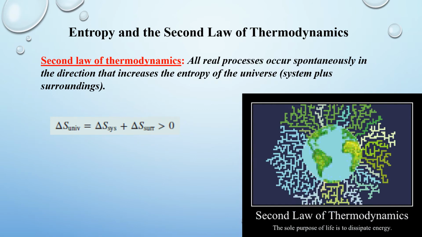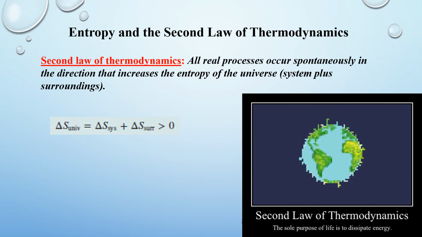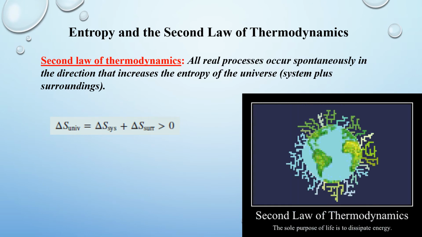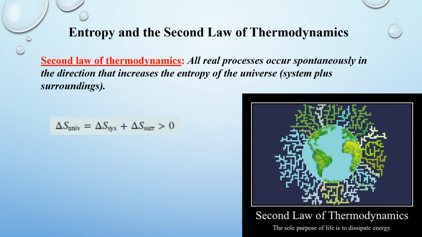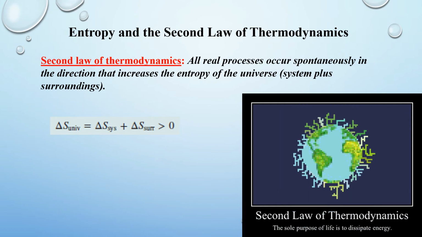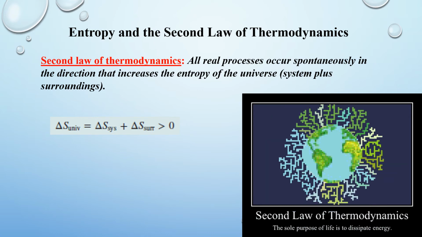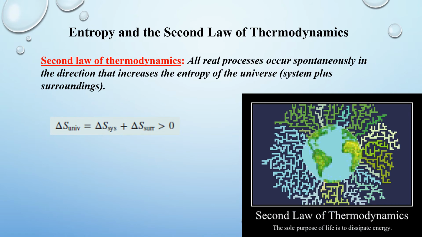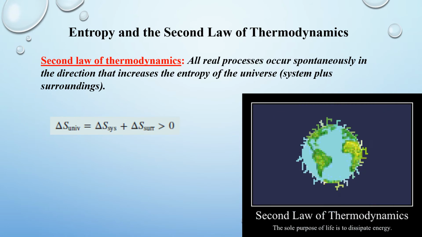So can you say the reaction is not spontaneous because delta S is less than 0? No. We cannot only look at the sign of the delta S of the system. We need to consider both the system and the surroundings. If the delta S is favorable for the system, it might not be favorable for the surroundings.